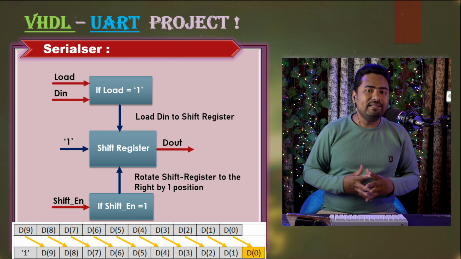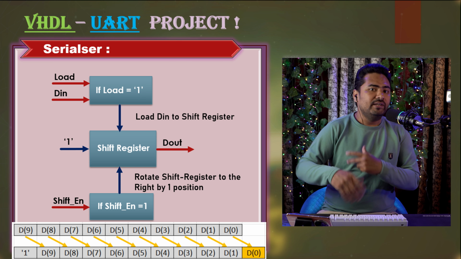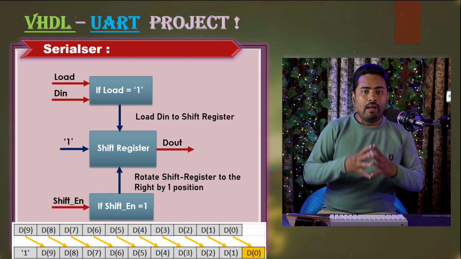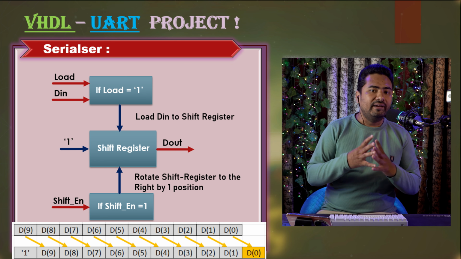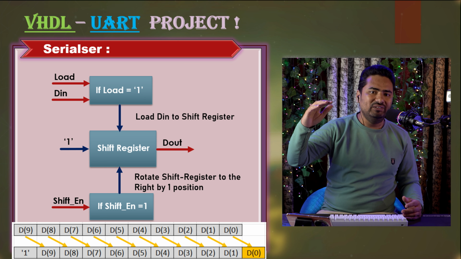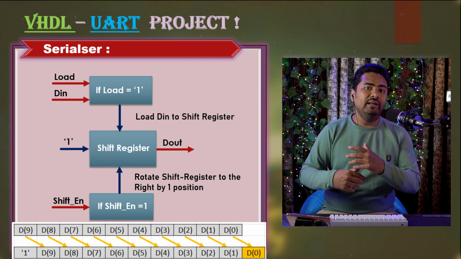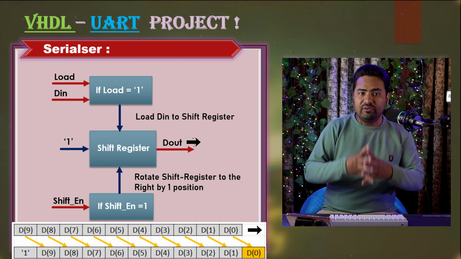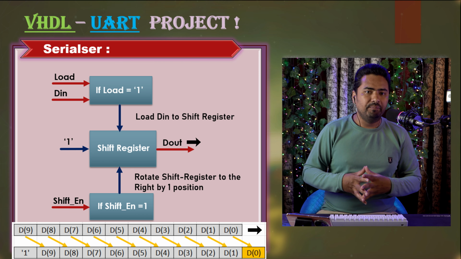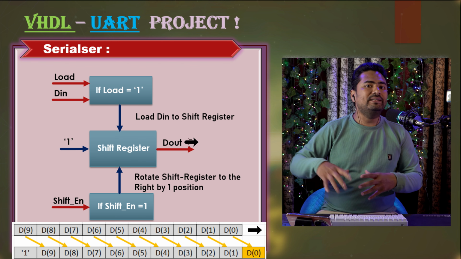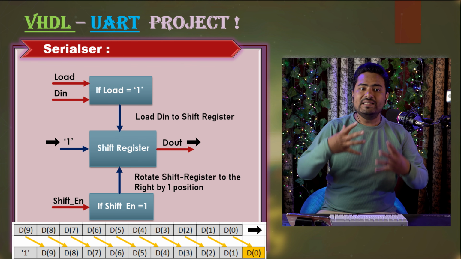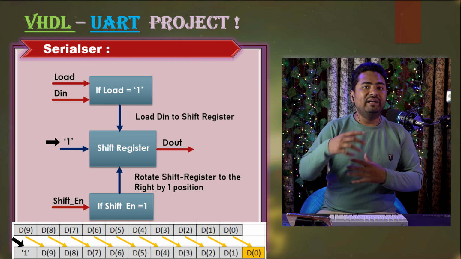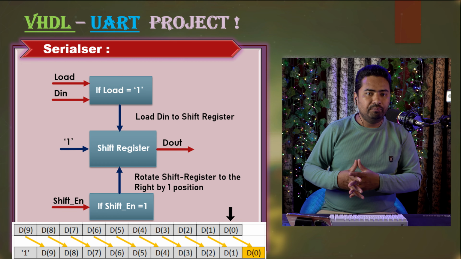Because at the idle state, meaning when there is no data transmission happening, the RS-232 protocol remains at logical high. So until we have data to transfer, it will send the bits one by one. And once all the bits are transmitted, then this inserted value 1 will reach the LSB position.